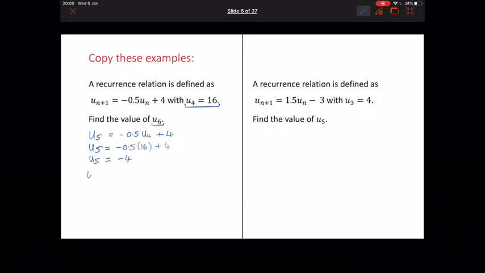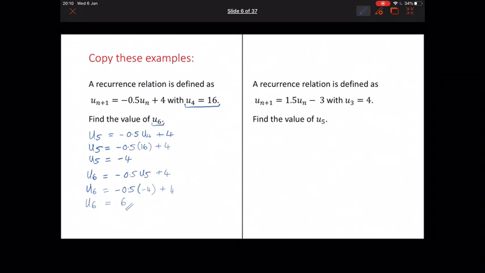Then we'll find u6, which is equal to −0.5 times u5 plus 4. So it's −0.5 times −4 plus 4, which comes out as 6.